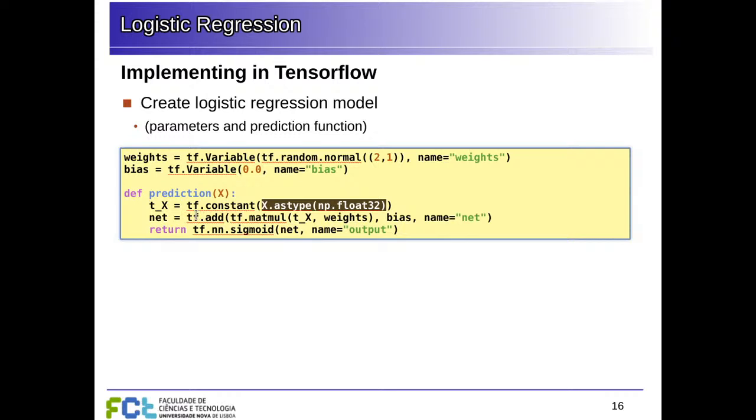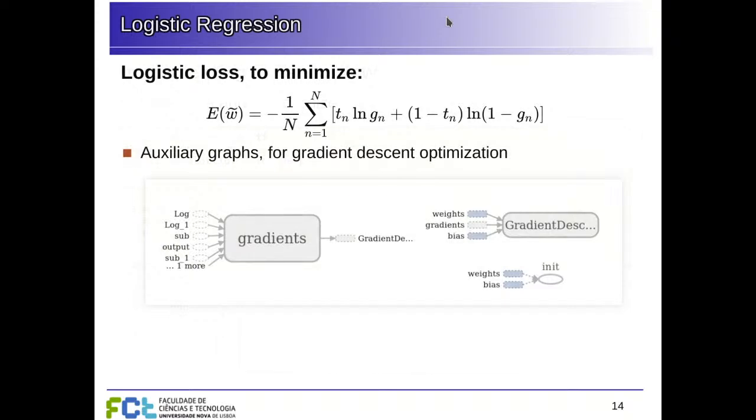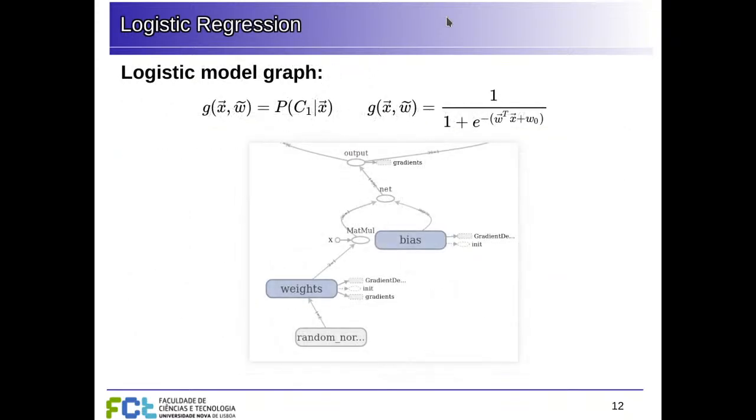Now we create a set of operations where we multiply the tensor with the batch of examples and the tensor with the weights of our neuron. So this is the multiplication, and then we add the bias here. We can even create a name for the operation so that when we look at the graph, we see the name there.